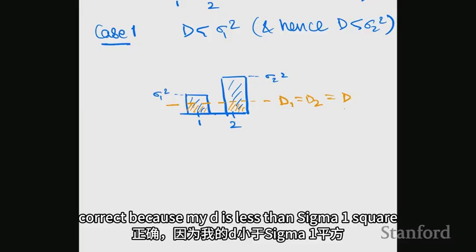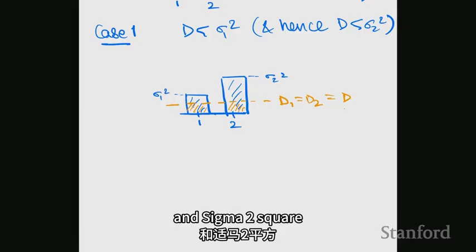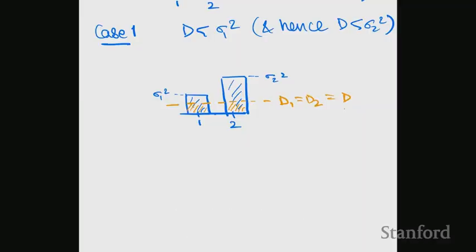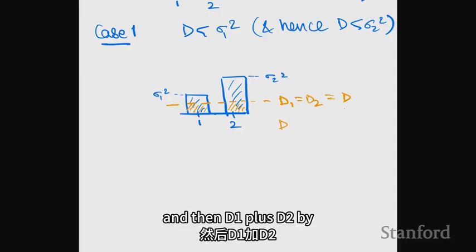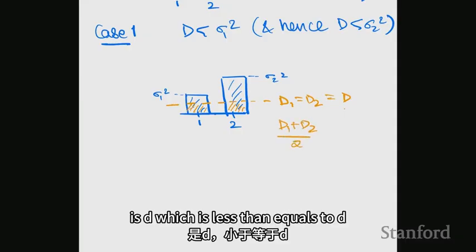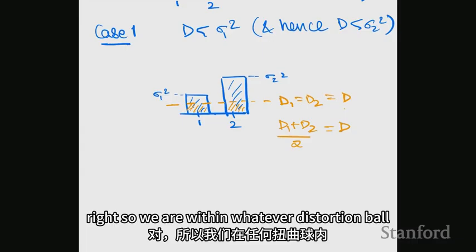Correct, because my D is less than sigma 1 square and sigma 2 square, I can just assign my D1 to be whatever distortion allowed, D2 to be whatever distortion allowed, and then D1 plus D2 by 2 is D, which is less than or equal to D, right? So you are within whatever distortion bound.